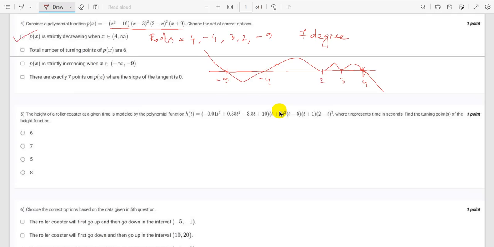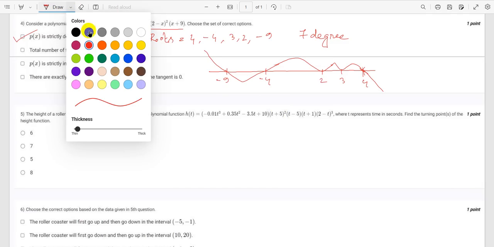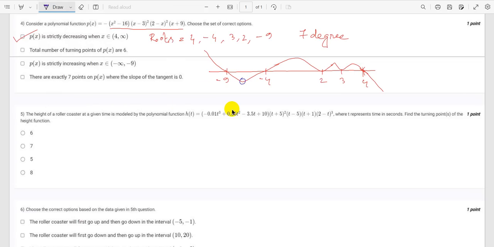Next, the total number of turning points of p(x) is 6. These are our turning points. So the total number of turning points is 1, 2, 3, 4, 5, 6. So it's also a correct option.